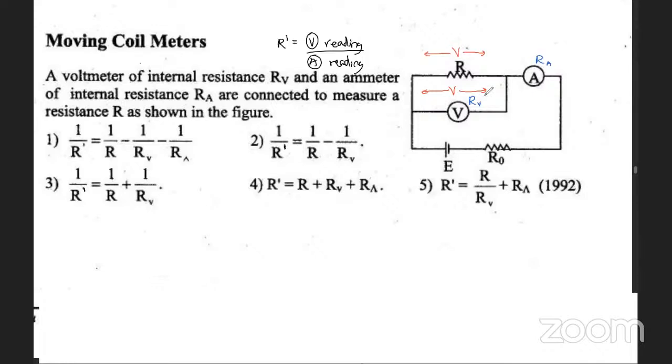They haven't told that this is an ideal voltmeter, so there's a current flowing like this. I, same current will be flowing through the battery as well. But that I is going to get separated here, into IV, the current through the voltmeter, and IR, the current through the resistor R. So what are the things we can figure out?